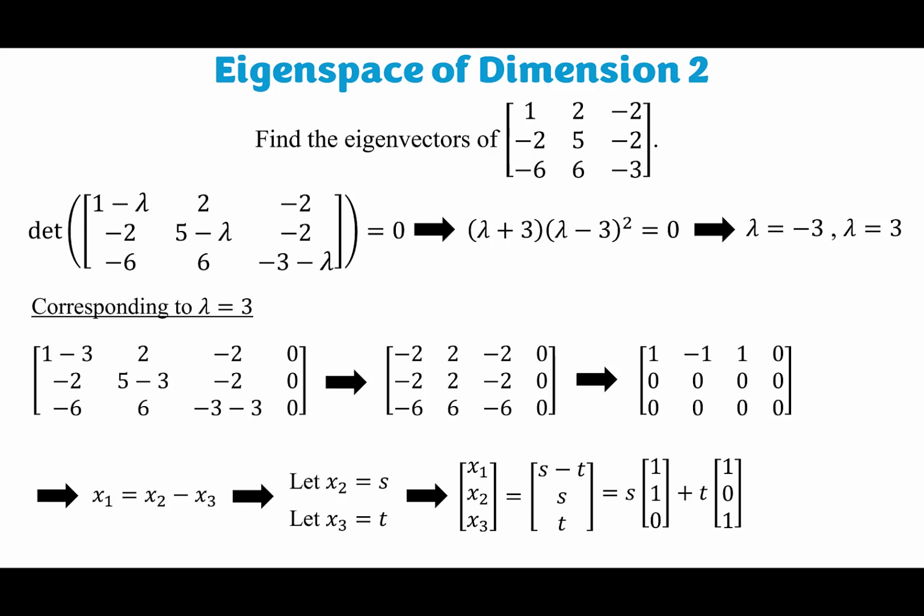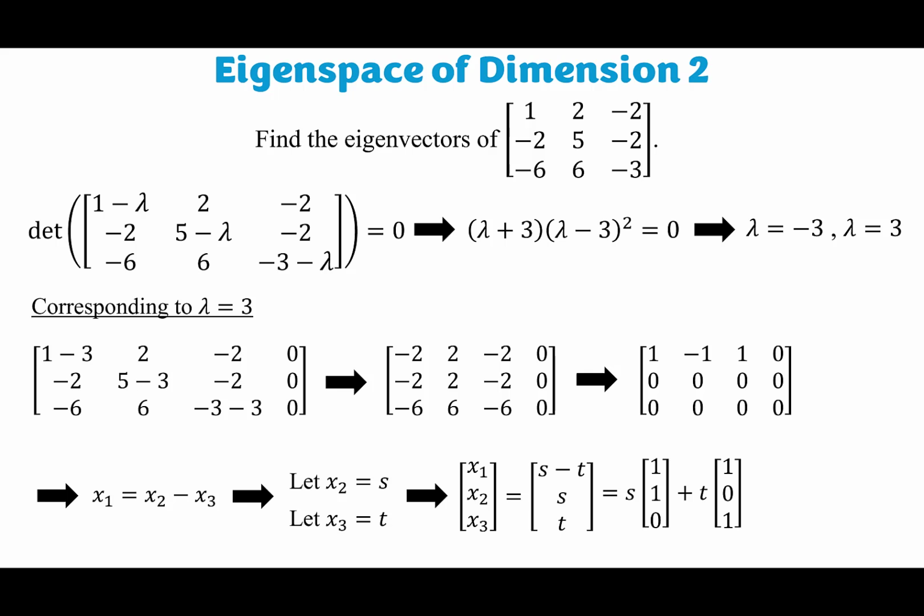So the solution can be rewritten as s times (1, 1, 0) plus t times (1, 0, 1). And we see that since s and t can be any real number, this is all linear combinations of those 2 vectors, and those 2 vectors are definitely linearly independent. So all combinations of those 2 would give you a plane going through the origin.